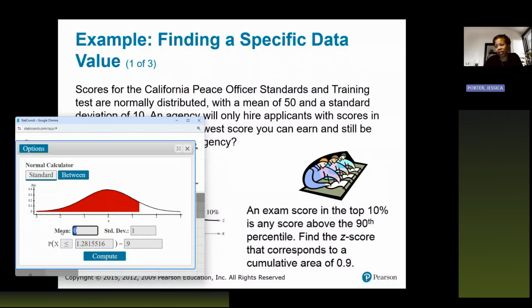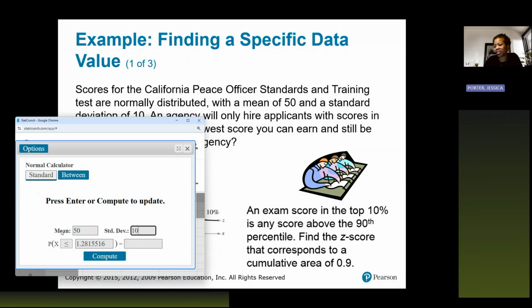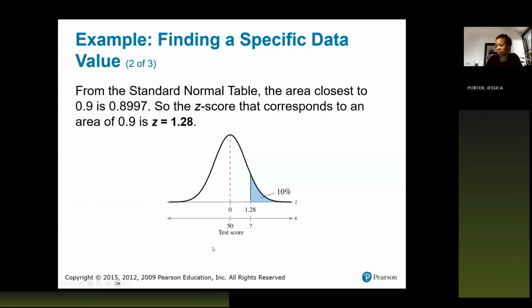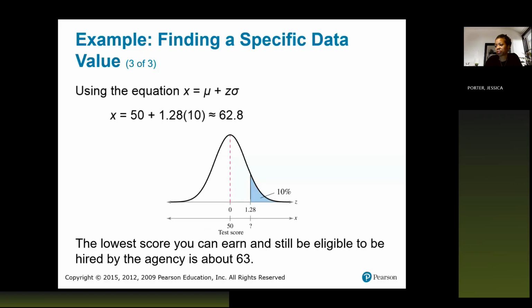But if you put in the 50, the 10, and 0.9, you get the actual value itself, 62.8. So that's nice. Same thing with the calculator.